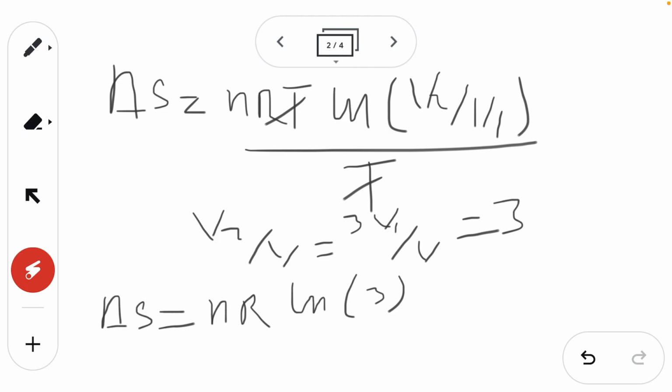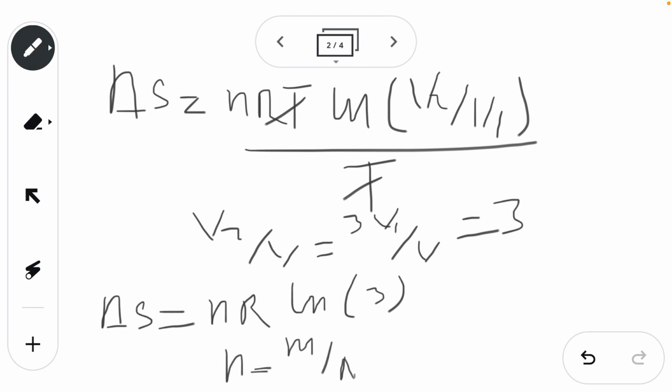After doing this, the other thing we need to take note of is the number of moles here. In the particular question that we have, we are given the mass as well as the molar mass of this gas. So we can use that to find the number of moles. We know here that the number of moles, which is n, is usually given as the mass over the molar mass.